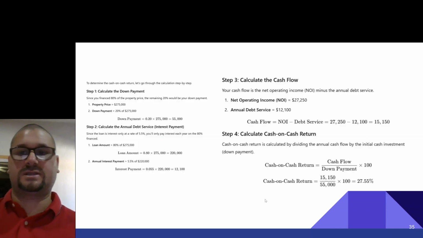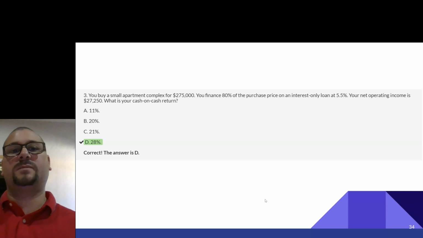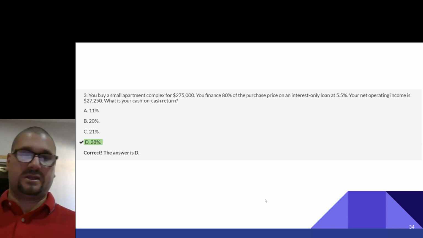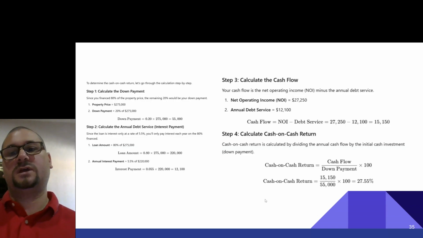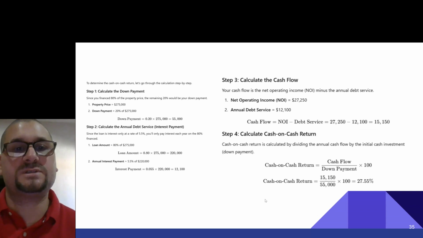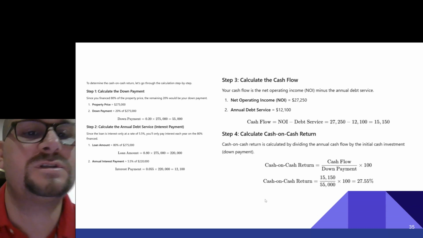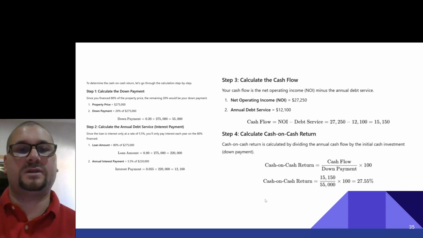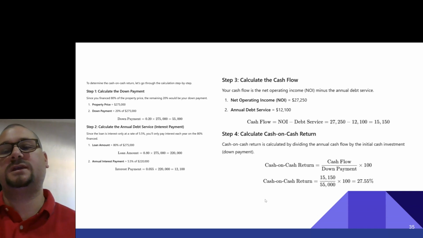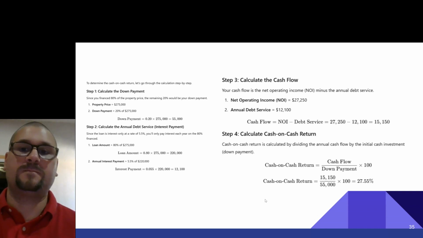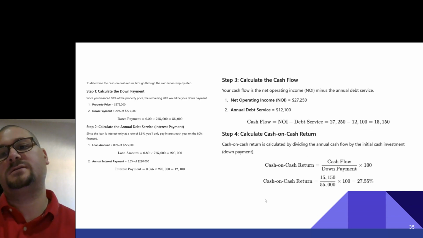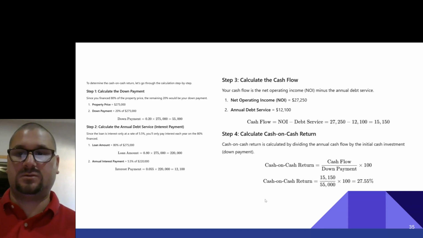The cash on cash return is the cash flow divided by down payment. So we've got to calculate the cash flow, and we've got to calculate the down payment. So the down payment is 20% of 275,000. And then the cash flow is the net operating income minus the debt service, to give you 15,150.